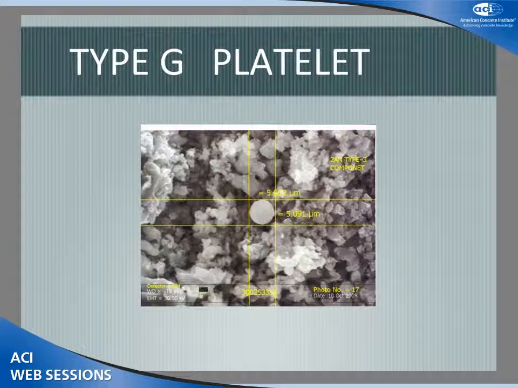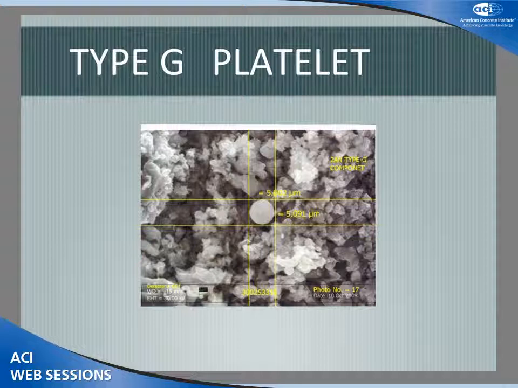Now, this is an image of the Type G platelet. This slide is highly magnified, and it's a picture of a calcium hydroxide platelet, and you can see it in the whitish areas. The sphere is a micron silica particle and provides a size comparison for the two. The growth of the calcium hydroxide platelets will cause expansion of the curing concrete if the concrete is not restrained.